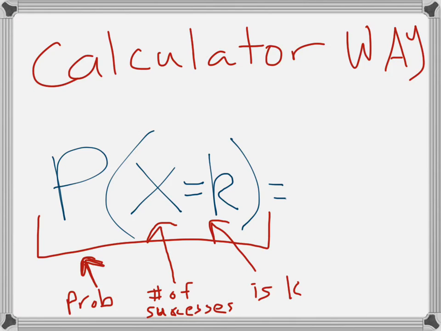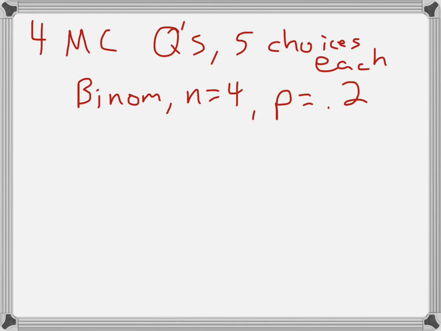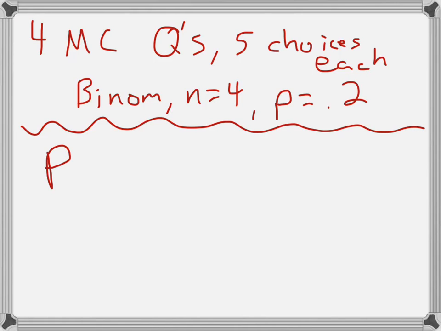So how do we calculate the probability that x equals k? And we're going to look at this as an example. Okay, so we need a question associated with this problem. So let's try to calculate the probability that x is, let's say, 2.